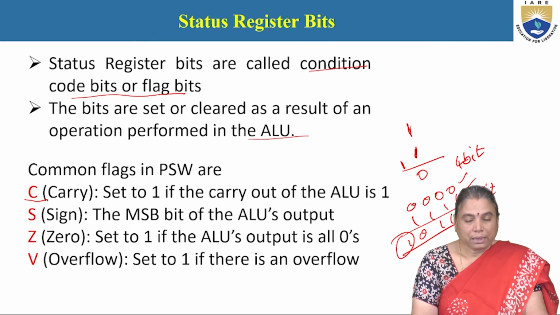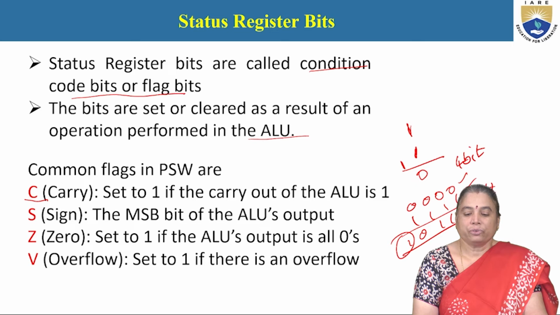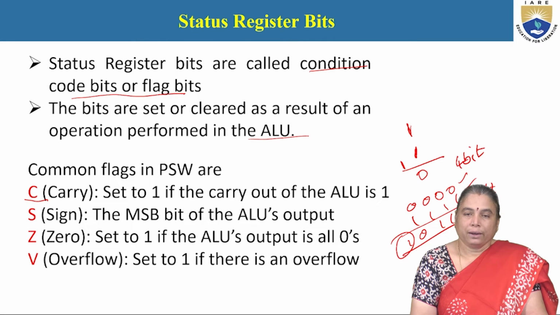It is set to 1 if there is an overflow. If the result is 4 bits only, the V bit has to be set to 0. So depending upon the ALU operations, these flag bits can be set to 1 or 0. So 4 flag bits are used: the carry bit C, sign bit S, zero bit Z, and overflow bit V.